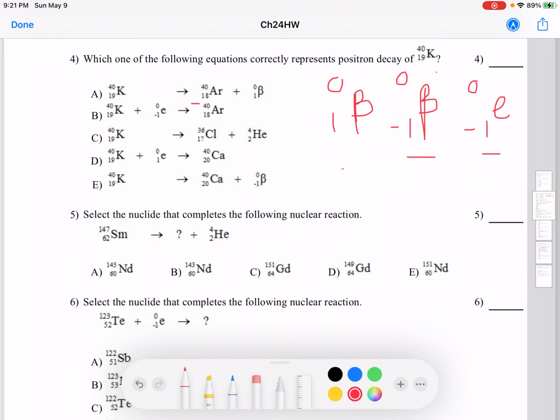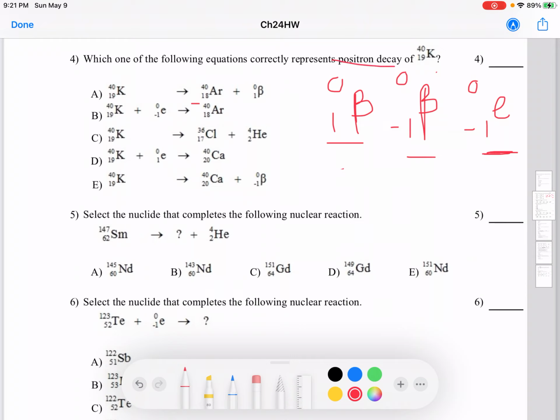They both have the same charge and mass, but beta particles are high energy electrons, whereas the regular electrons are not that high energy. They are the electrons that normally exist in the shells of the orbitals. Okay, so this is the beta particle. So we can find out which one is showing us the emission of a positron.